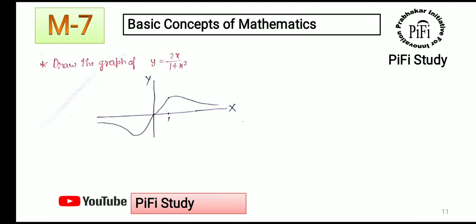Then again put x is equal to 2. If you put x is equal to 2, then y is equal to 2 into 2 upon 1 plus 2 whole square, which means 4 by 5. Now you will see the value of y is decreasing as x is increasing.